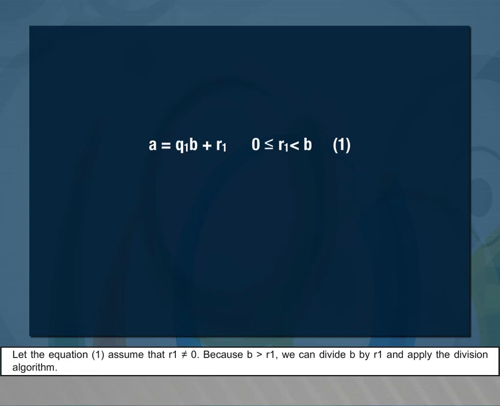Assume that r1 is not equal to 0. Because b is greater than r1, we can divide b by r1 and apply the division algorithm. b is equal to q2 into r1 plus r2, where 0 is less than or equal to r2, which is less than r1.